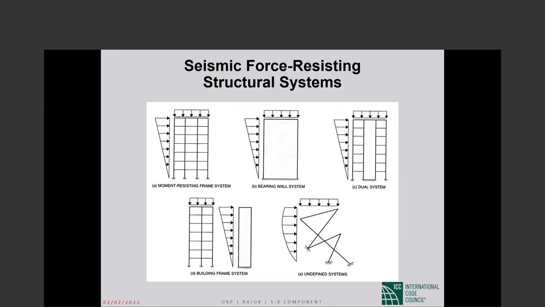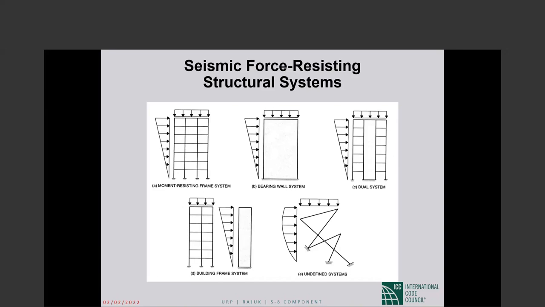So this is the so-called backup frame concept that has been with us since San Fernando. If something should happen to the shear walls, the frame should still be standing up carrying gravity loads for us.